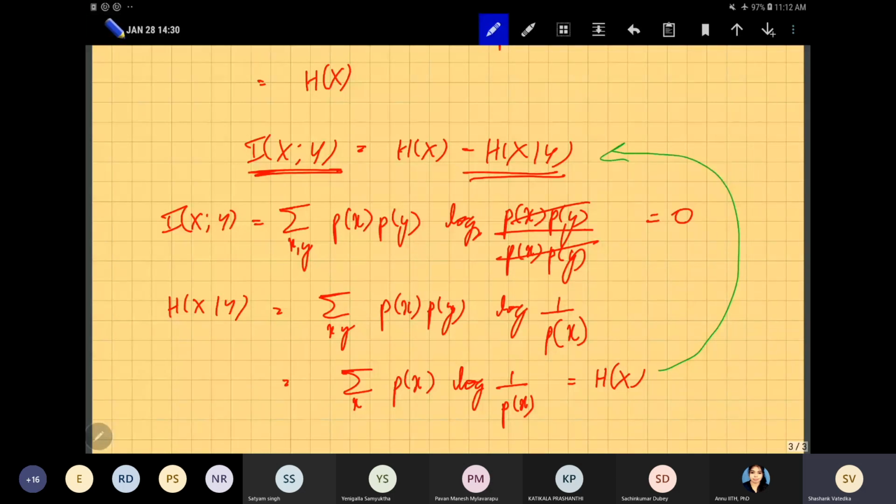So these are two extremes, right? If x is equal to y, then the mutual information is maximized, whereas the conditional entropy is small. But if x and y are independent, then the mutual information is equal to 0, but the conditional entropy is large. It's equal to H of x.